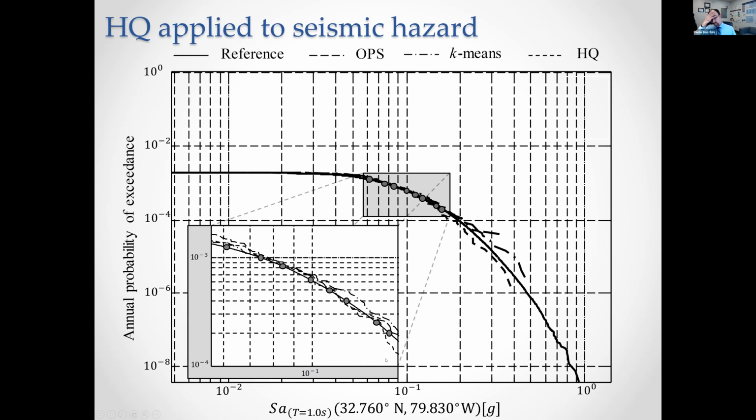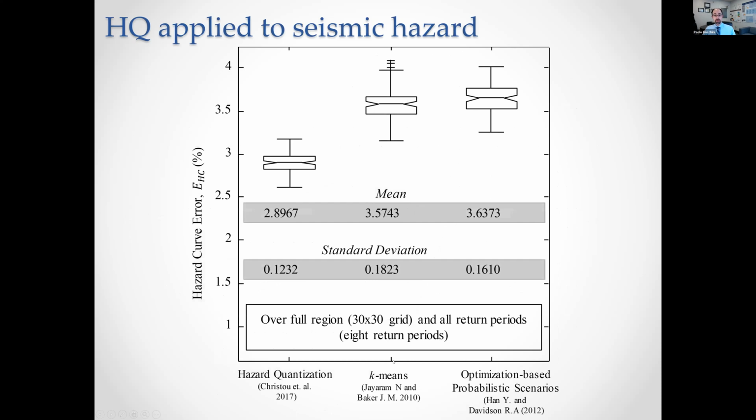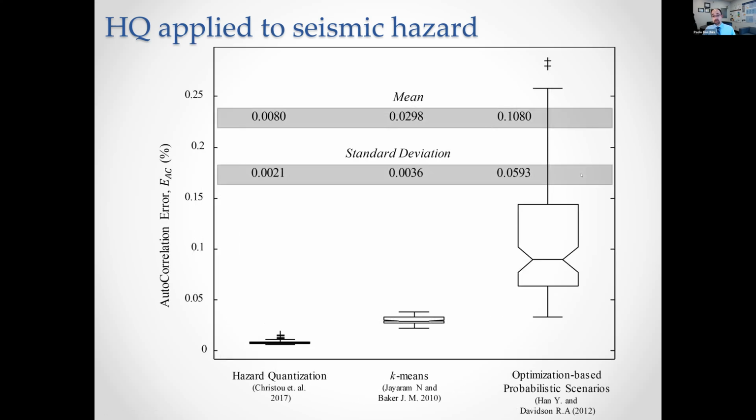If you want to measure the error, the errors of the three methodologies, ours being hazard quantization and the other two, are also very similar. And in particular, when we look at the error in the autocorrelation, we're doing very well, and the error is consistently lower than these other two. So we think that this is a good alternative to the two best and most popular techniques that are out there.